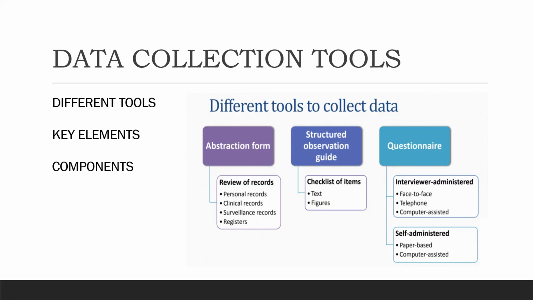And the key elements of data collection tools are that it has to be clear, maintain a balance in the phrases, questions should be short and comprehensive, there should be a constraint in the responses, it should be functional and utilitarian in approach, the order of the questions should be maintained, and the questions should be contextual. So these are again MCQ areas. What are the elements of data collection tools?